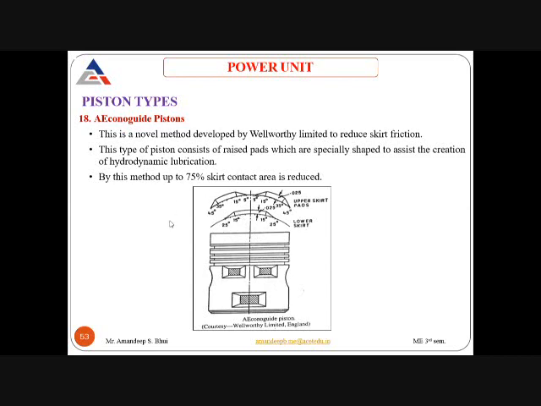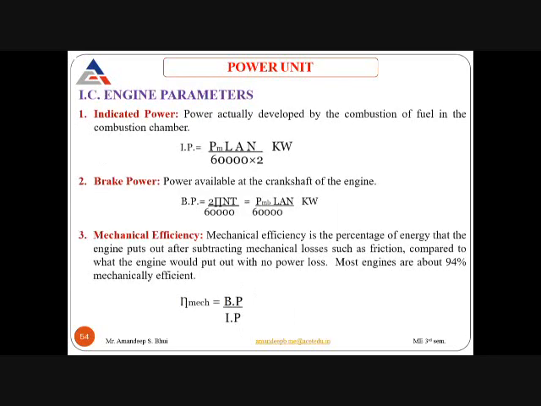If the contact area is reduced, this means we have reduced the friction also, so less losses are there. You can see that on these pads, there is a small hatched rectangular area. Only these hatched rectangular areas come in contact with the cylinder lining when the piston moves. By reducing the contact area between the piston and the cylinder lining, we can reduce the frictional losses. So this is your econo-guide type of piston.